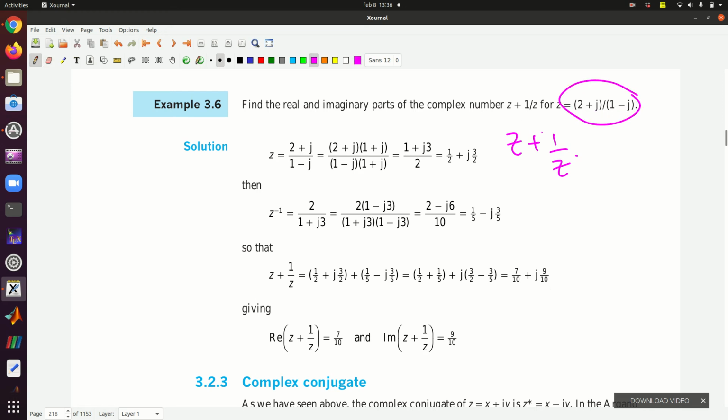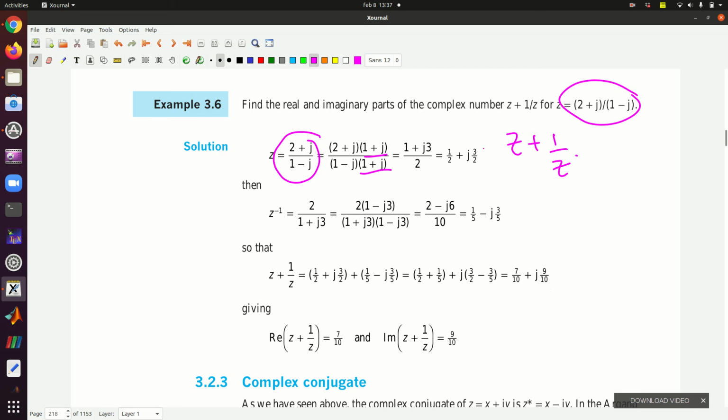So z plus 1 over z, where this is our z which is given to us. z is a quotient, 2 plus j over 1 minus j, then you do what we have done: multiply both numerator and denominator by the complex conjugate.